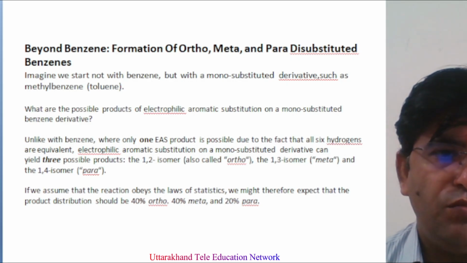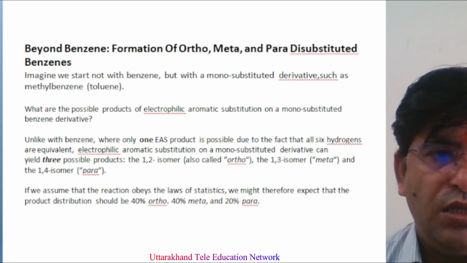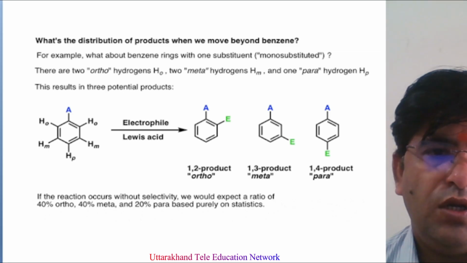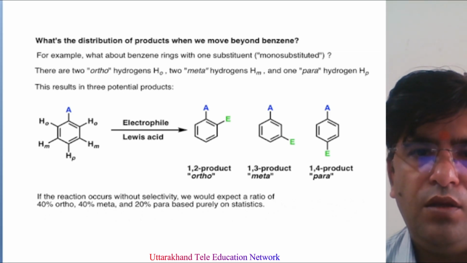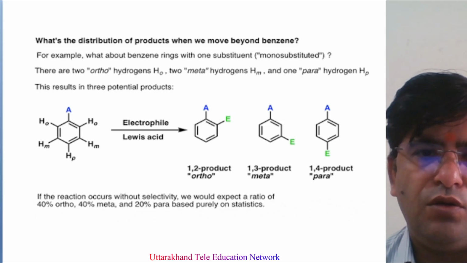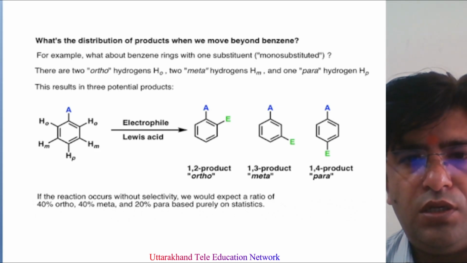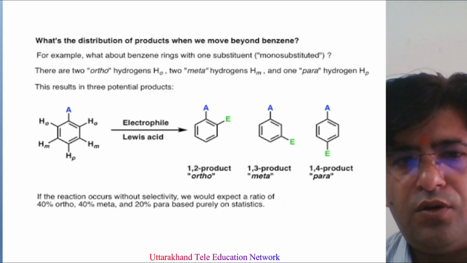If we assume that the reaction obeys the law of statistics, we might therefore expect the product distribution to be 40% ortho, 40% meta, and 20% para. What's the distribution of product when we move beyond benzene? For example, what about a benzene ring with one substituent, mono-substituted? There are 2 ortho hydrogens HO, 2 meta hydrogens HM and 1 para hydrogen HP.